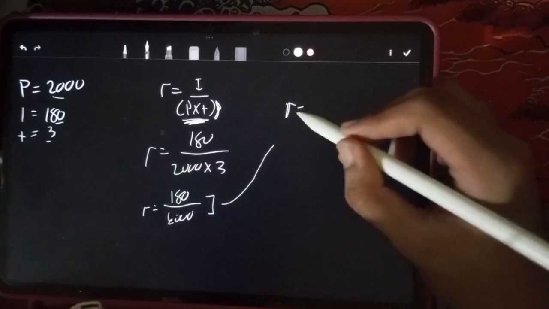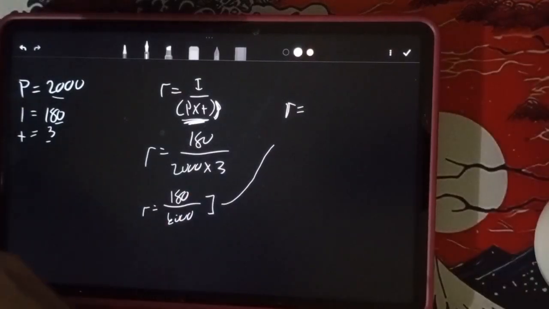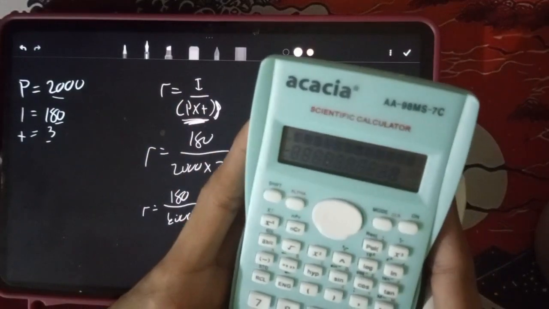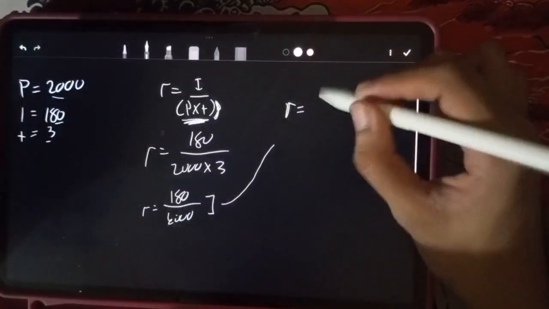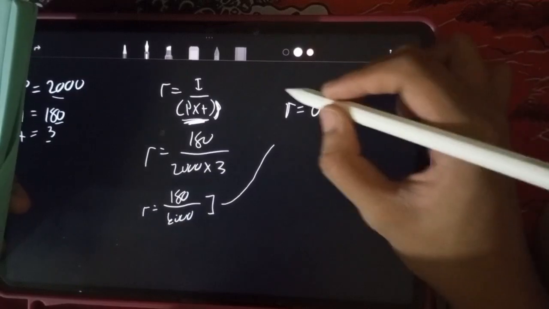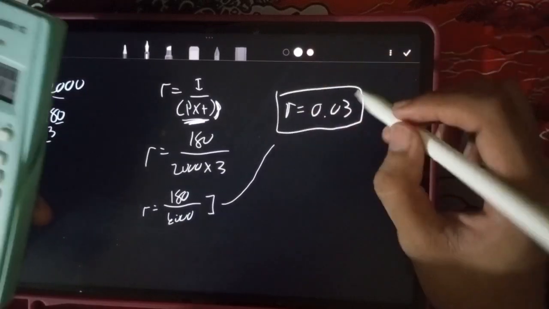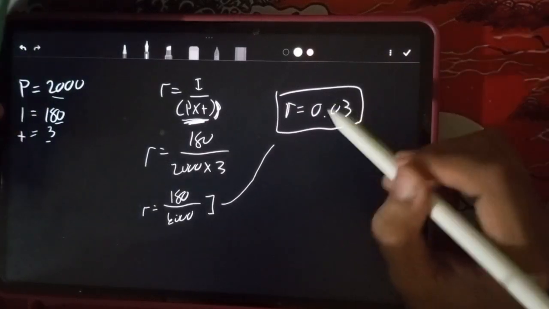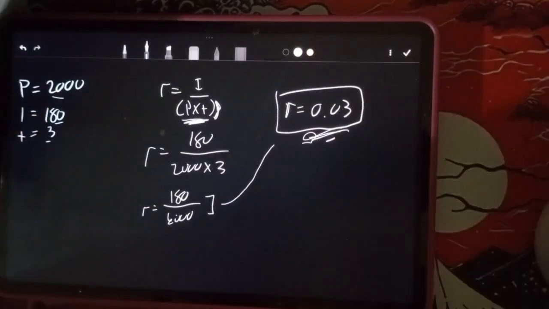Now we divide 180 over 6,000. Let's do the math. 180 divided by 6,000 is 0.03. Now that is our rate.